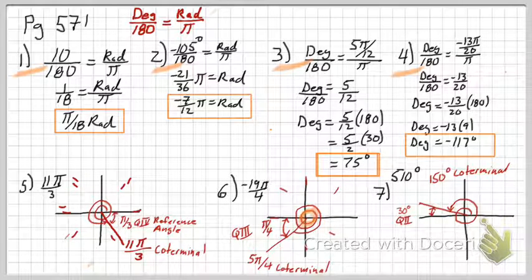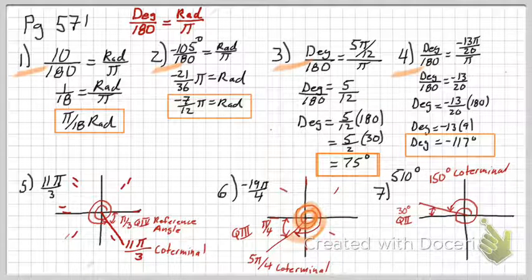Every time I go around, it's 8 quarters or 2 pi. So I go around again, that's 16 quarters, 17 quarters, 18 quarters, 19 quarters. And that's how I got this little spinny around line here, meaning it is coterminal with 5 pi over 4. My reference angle then is pi over 4.